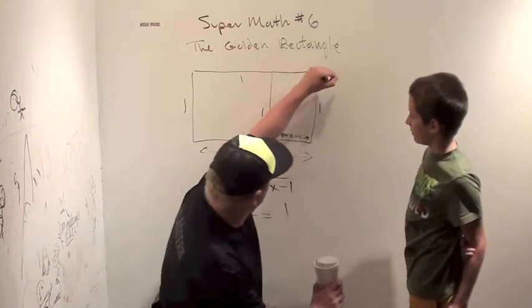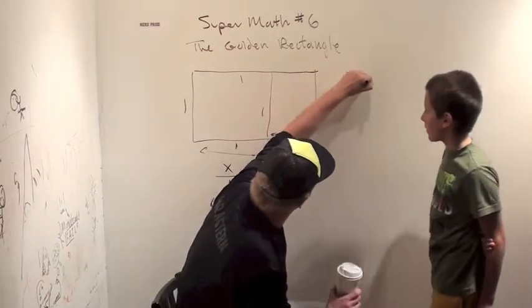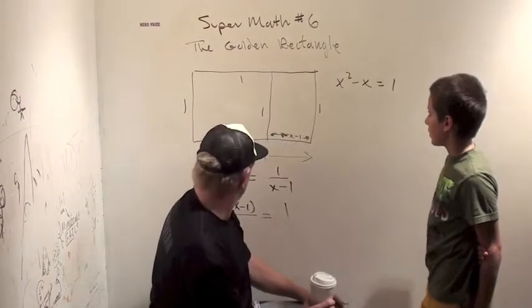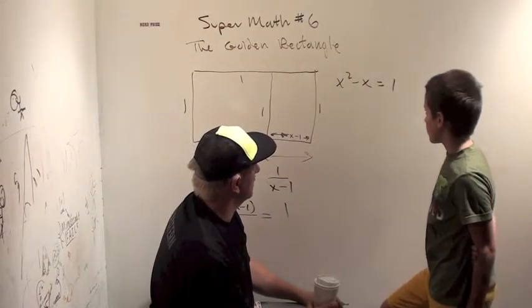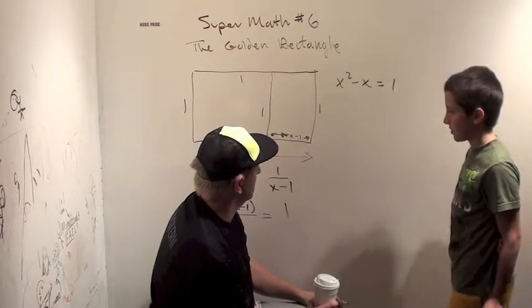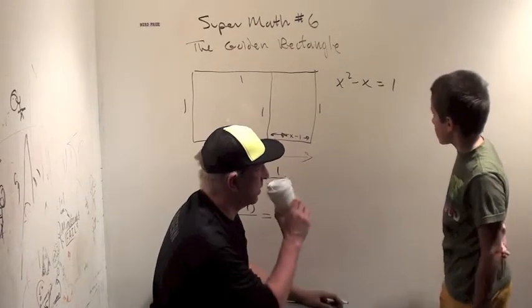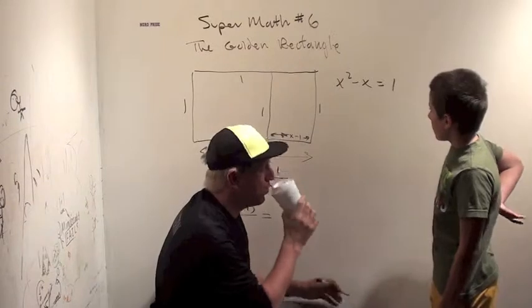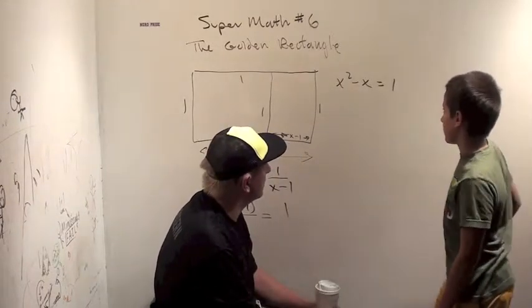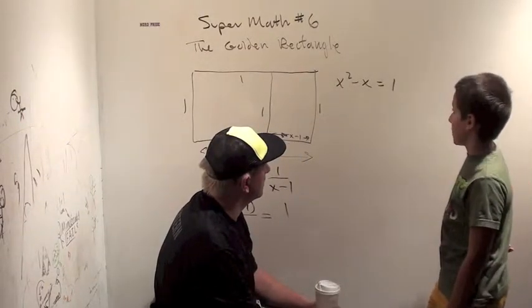So, x squared minus x equals 1. Well, this says x squared equals 1 plus x.